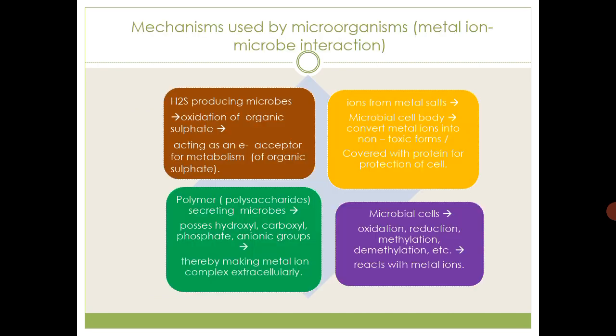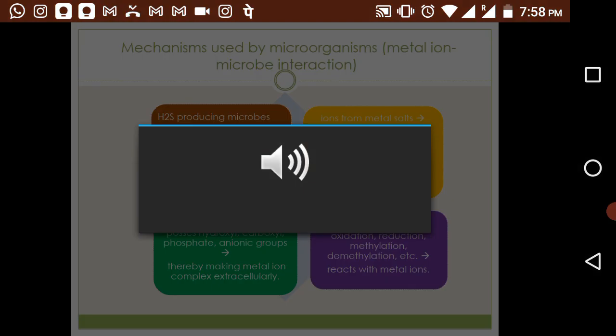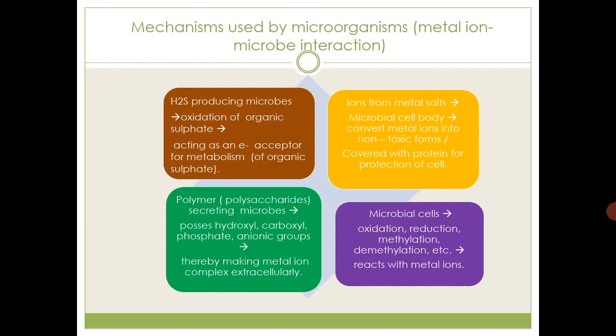Now we will look at the four main mechanisms used by microorganisms. As I previously mentioned, the metal ion-microbe interaction is the interaction between the metals and the microorganisms. So what can happen in this interaction? There are four main mechanisms used by the microorganisms.